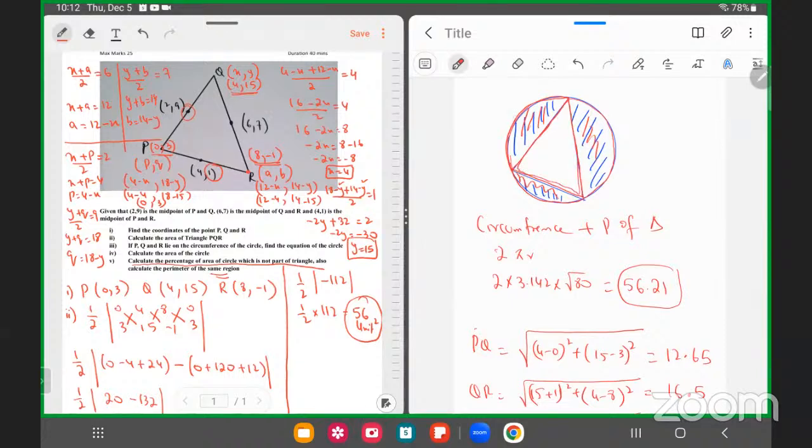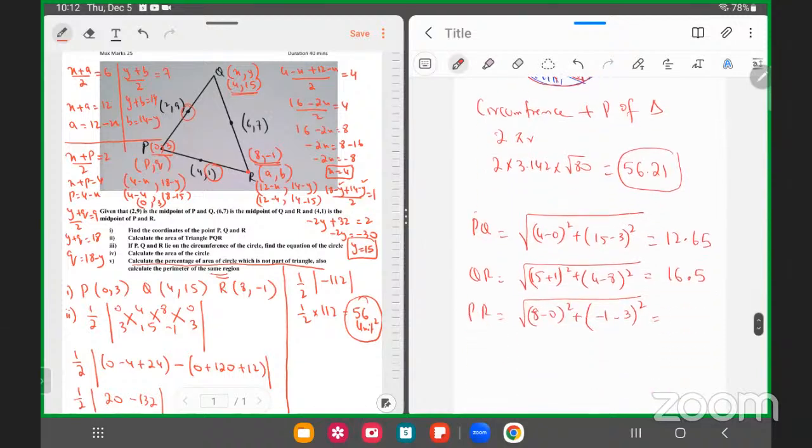So outer boundary of the circle plus outer boundary of the triangle. 64 plus 16, the whole thing under root, that is 8.9. So this turns out to be 12.65 plus 16.5 plus 8.9. That is 38.1.